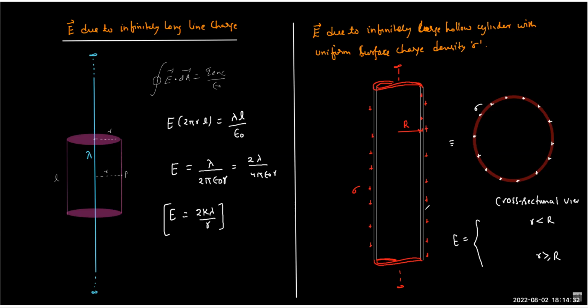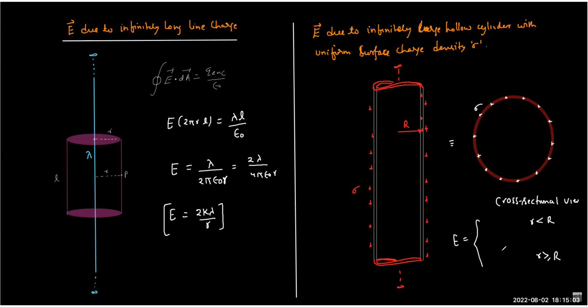So we'll also prove it by another method. There is another way of doing it. The answer for outside will be sigma R by R epsilon, sigma R by r epsilon.